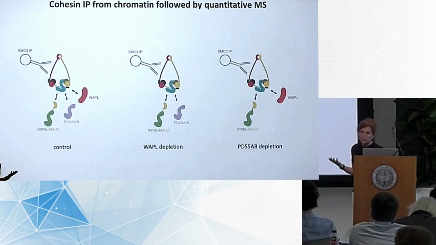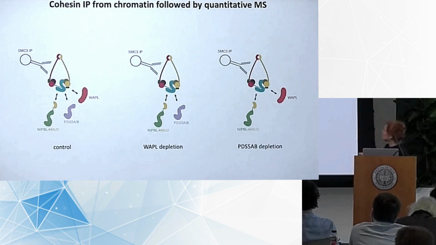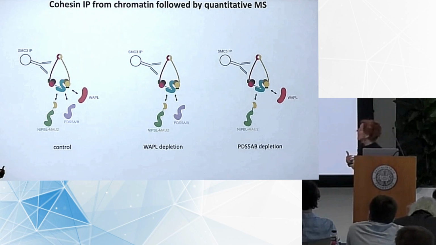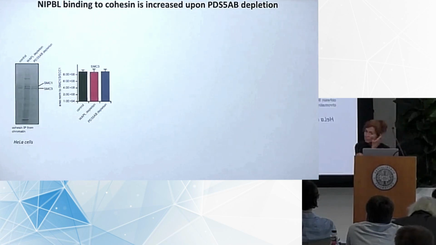So what we wanted to see now is the composition of cohesin in different scenarios. For that, we used an SMC3 antibody to IP the whole cohesin complex, and then we submitted those samples for quantitative mass spec.